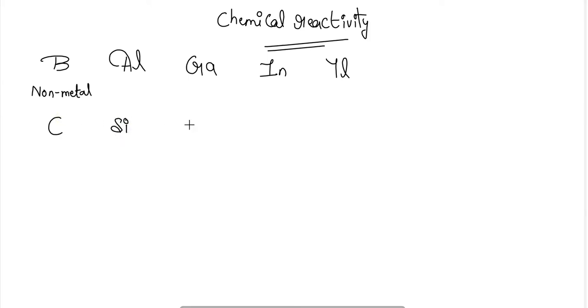Okay, carbon, silicon, germanium, then tin, and then lead. These are the group 14 elements. Okay, so here we will see that there is a diagonal relationship between the boron and silicon. Many of the properties of boron match those of the silicon.